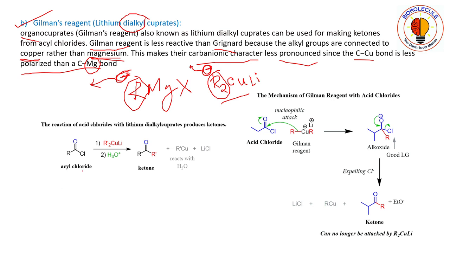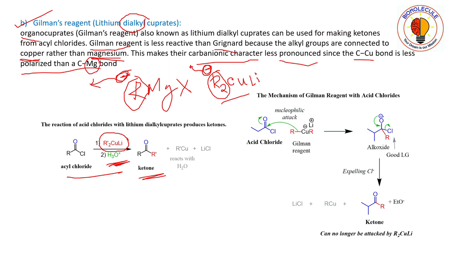Okay, so here is the reaction. So acyl chloride, this one is the Gilman reagent, R2CuLi. You treat it, you do acidic hydrolysis, you will end up with ketone. Okay, so this is the mechanism. Here R2CuLi will just go and attack at the carbon, it will just open up.